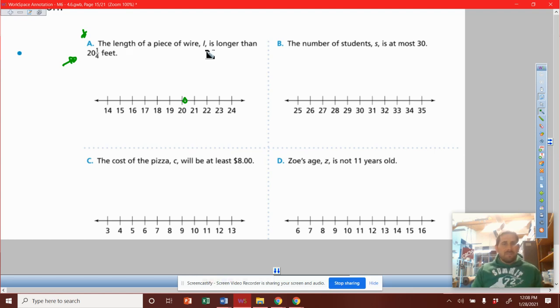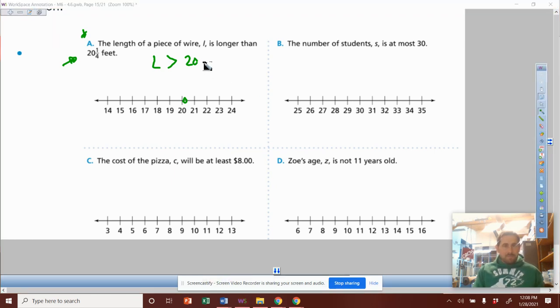So the length of a piece of wire L is longer than 20 1/4. So could it equal 20 1/4? No, it has to be longer. So we've got L that is going to be longer than 20 1/4. And if you don't like the fraction, hopefully you all know that 1/4 is 0.25.